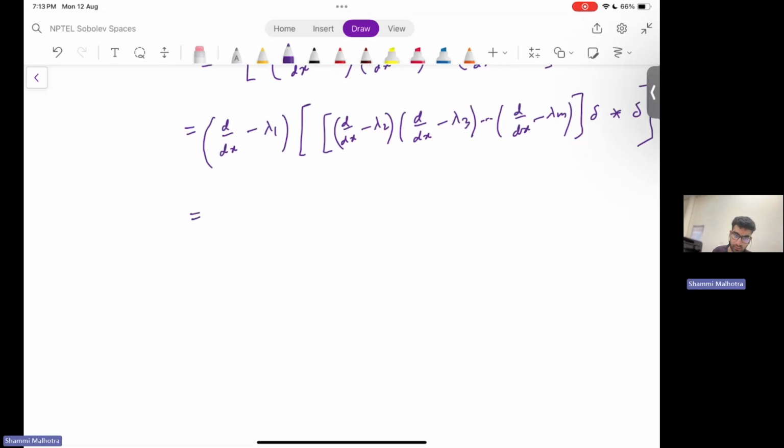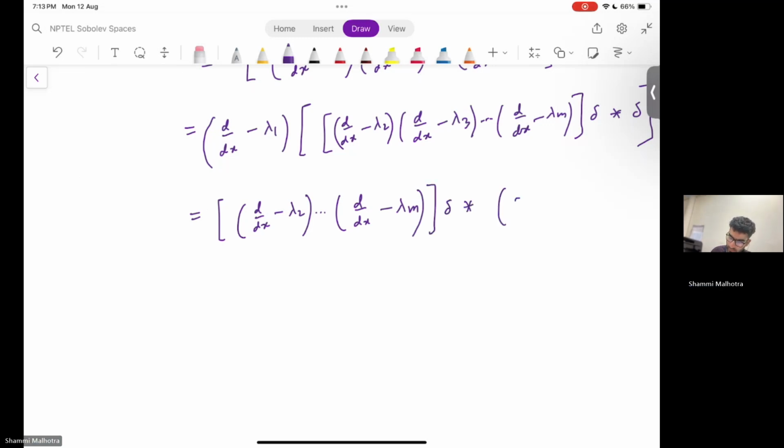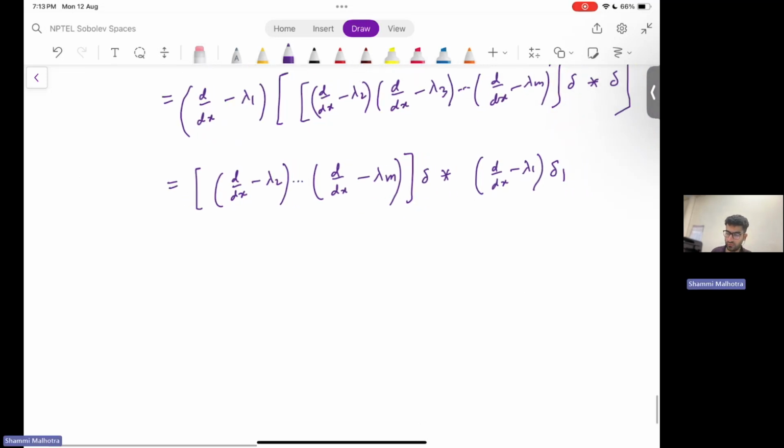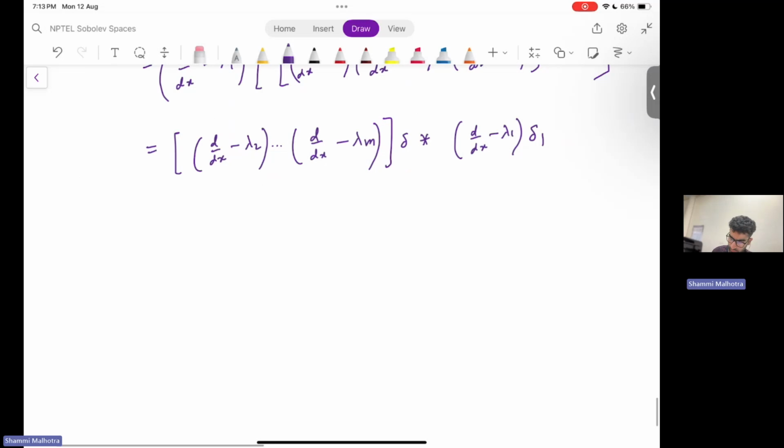This is nothing but (d/dx - λ_2) to (d/dx - λ_m) δ convolved with (d/dx - λ_1) δ.